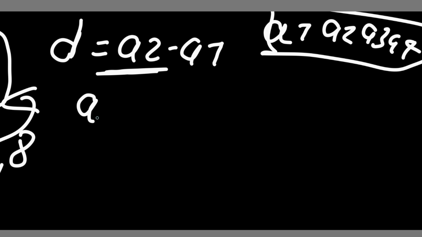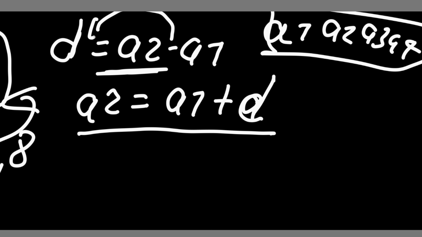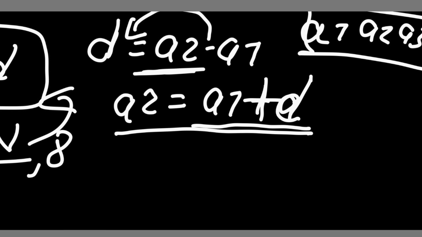What you do is simply bring A1 to the other side and add it: A2 equals A1 plus d. This is very simple, as the subtraction goes to the other side, it becomes addition and gives us the formula A1 plus d, simply carrying over the A1.